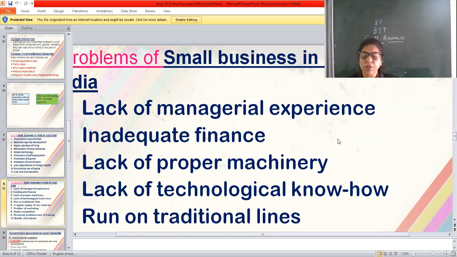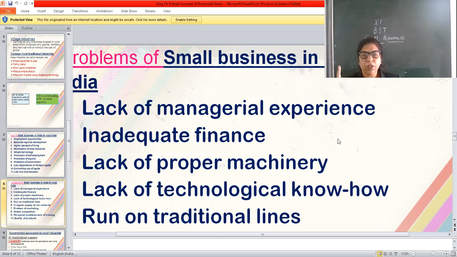They don't have sufficient sources of finance. That's why they are remaining small. If they have sufficient sources of finance, then everyone wants to go to the middle level or to the large level. So the main problem is that sources of finance are less, and they have inadequate finance.